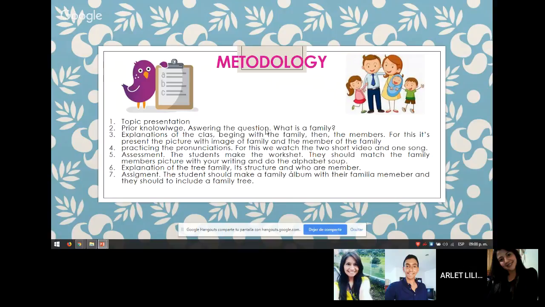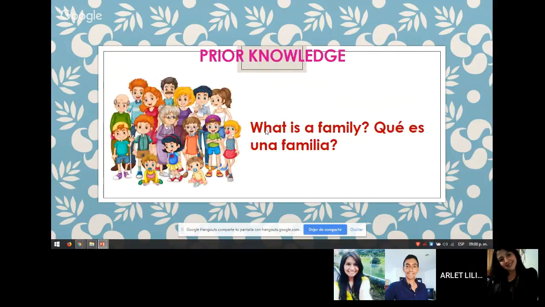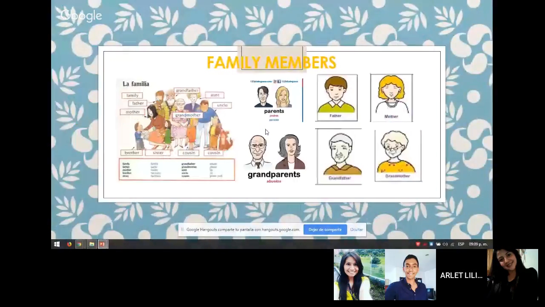Prior knowledge. What is family? Family members: parents, grandparents, father, mother, grandmother. Here we have the image with the parents and grandparents in the family members, like father, mother, grandfather, grandmother, aunt, uncle, brother, sister, cousin.